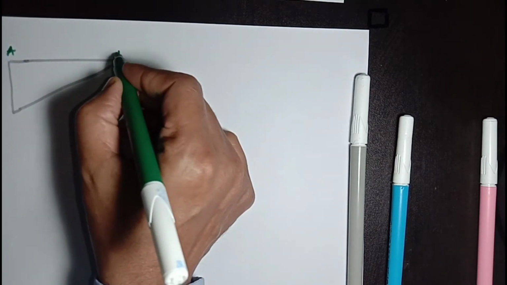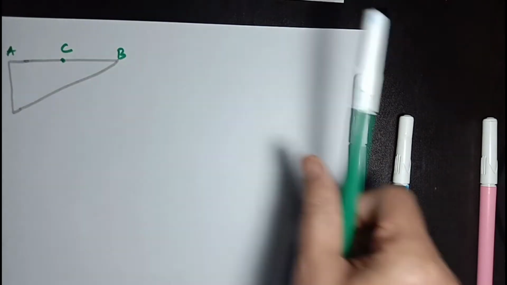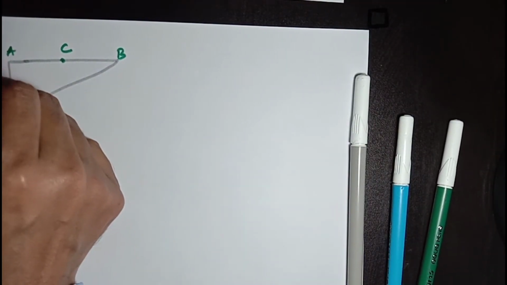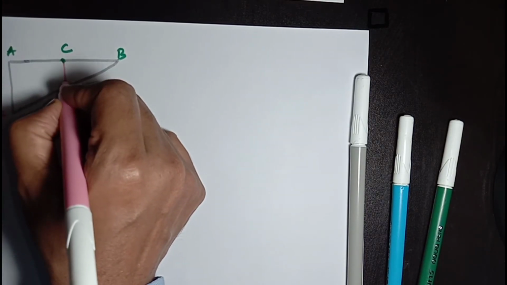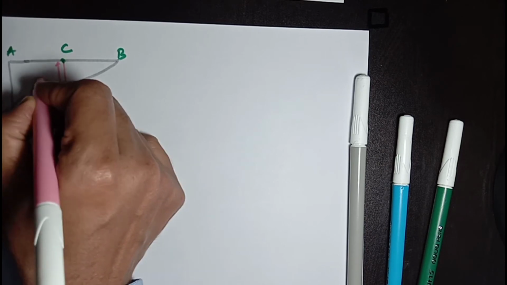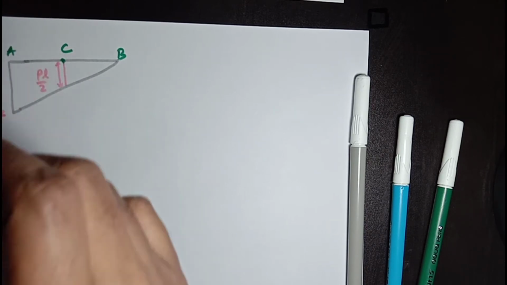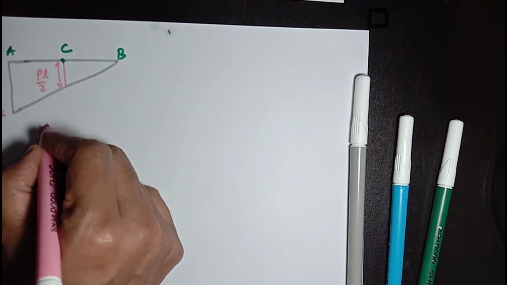Here is point A, this point is B, and another point is C. This value is PL, and this value is PL divided by 2. This is the M diagram.